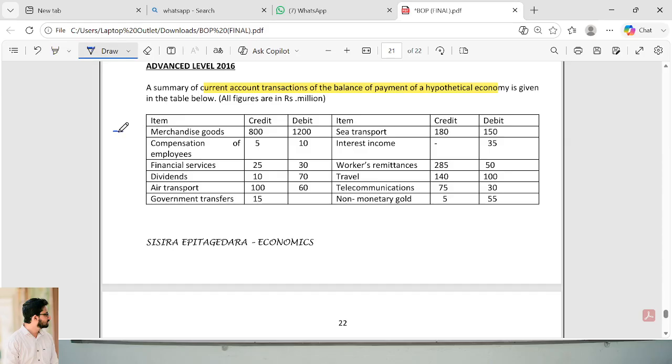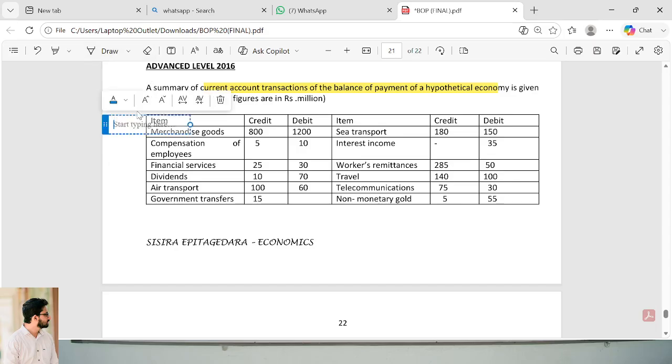Trade in goods, so we can say goods account. First one goes to the goods account, trade in goods.